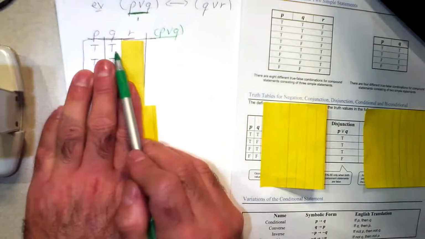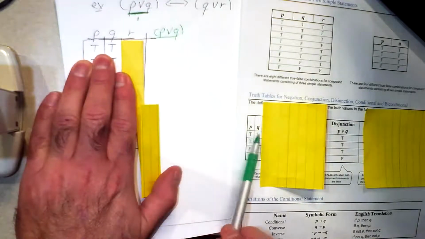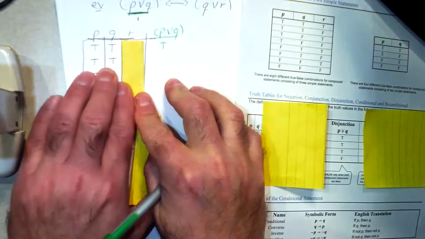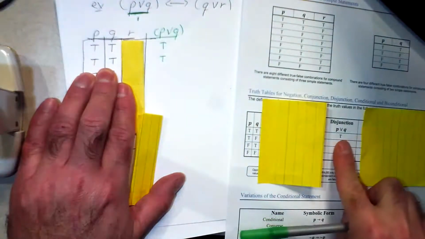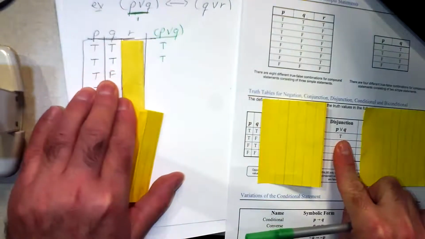All right, so here we go. Let's start with the first row. TT is T. Next row, TT is also T. It's a duplicate. Next one is TF.